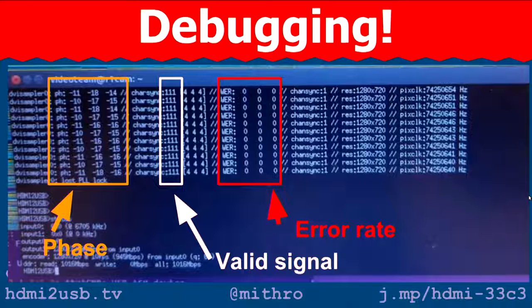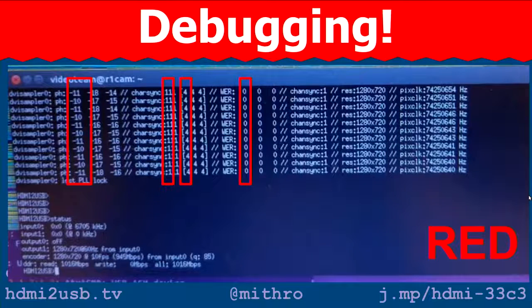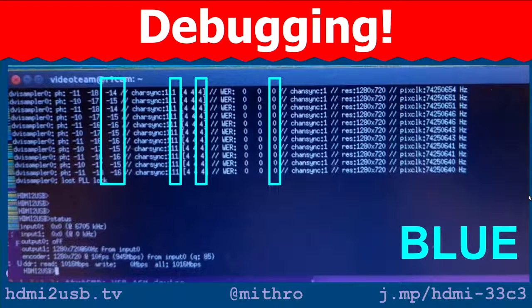You can see the first thing is the phase relationship between each of the channels. The next one is whether we're getting valid data on each of the channels. And then we've got the error rate for that channel, whether all the channels are synchronized, and then some resolution information. You can see that this has got a 74 megahertz pixel clock. And there are 3 columns because there's red, green, and blue channels.